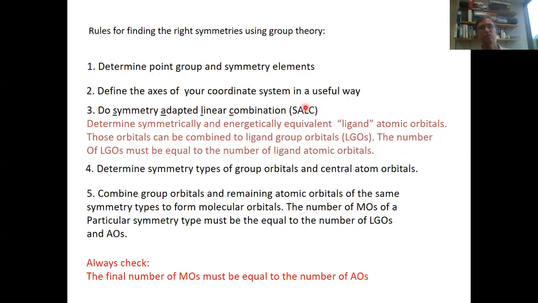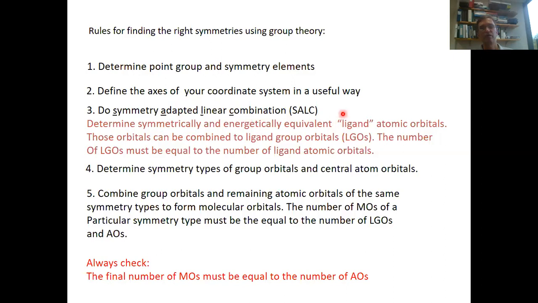So what that means is that you determine what are the valence orbitals within your molecule. And then you first look at the ligands and look at the valence orbitals of the ligands. And then you determine which ones are symmetrically and energetically equivalent, meaning that which ones are actually interexchangeable by the symmetry operations.